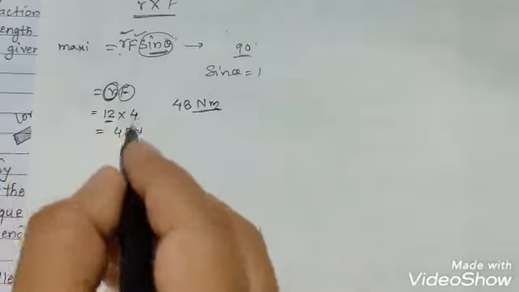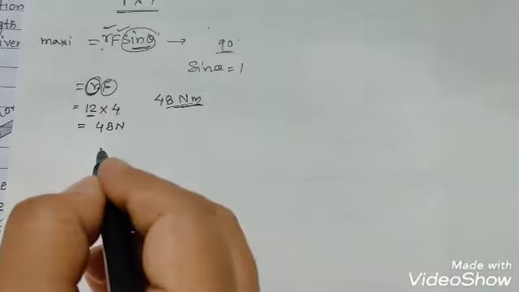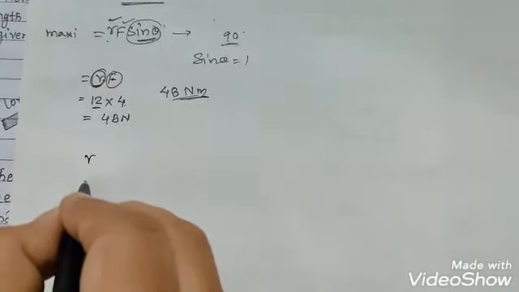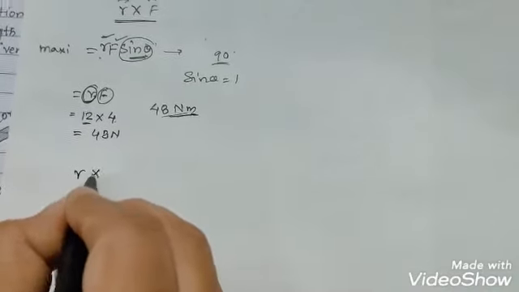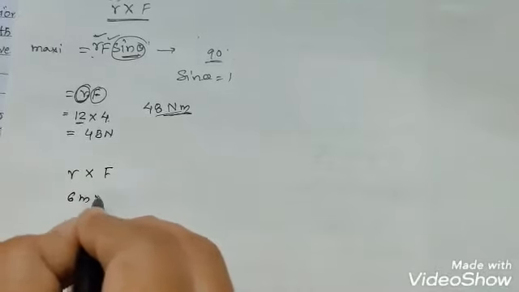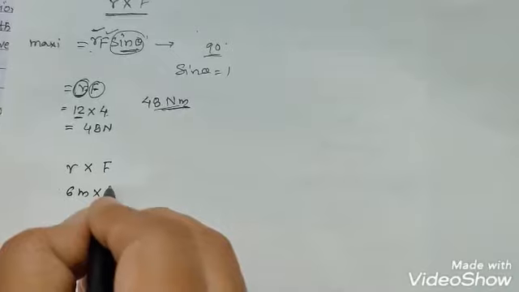Now if we have to produce the same 48 Newton meter effect, we can take R as 6, suppose 6 meter, and the force we have to apply is equal to 8.